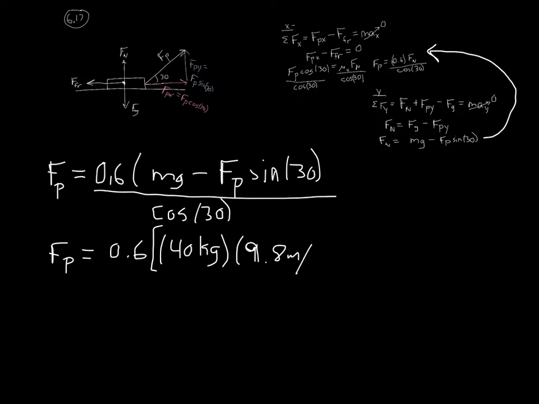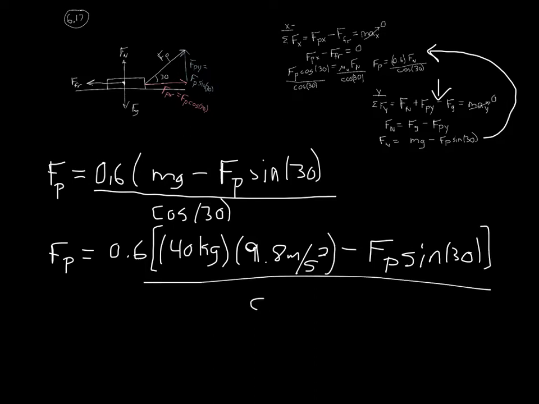When is g negative? When you're using those kinematic equations, it's usually negative. You already accounted for it right up here in the sum of forces. All right, minus Fp times sine of 30, all divided by cosine 30.